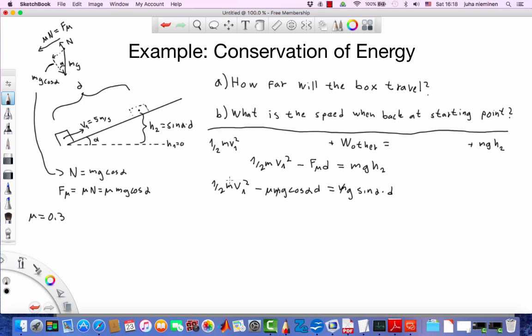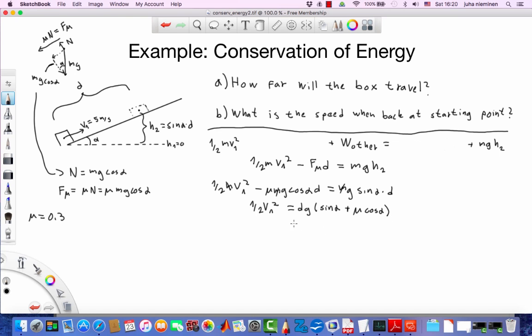First of all, the mass cancels out, so that doesn't affect anything, or it's the same for all objects regardless of their mass. And we have half times v1 squared equals, on this side we have dg as a common term, so sine alpha plus mu cosine alpha.